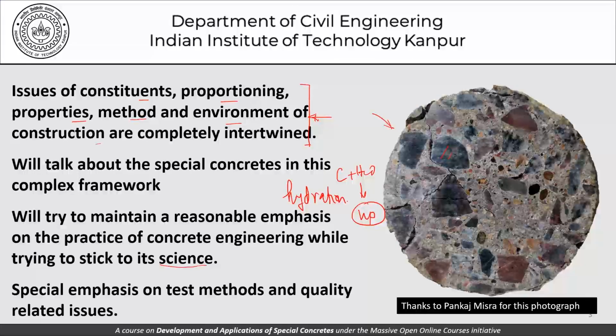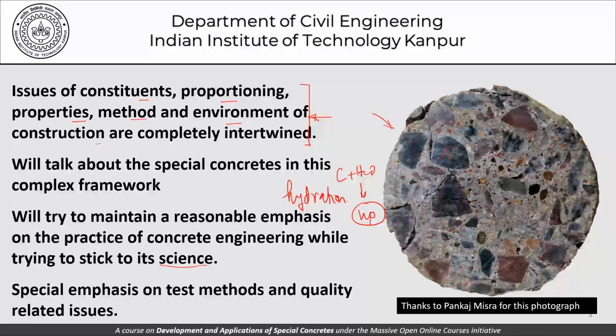The emphasis will be on test methods and quality related issues. This is very important because as we move towards special concretes, we really need special testing methods. We need special protocols for quality control because only then will we be able to do good quality construction using special concretes, whether it is fiber reinforced concrete, anti-washout concrete, roller compacted concrete or whatever it is.